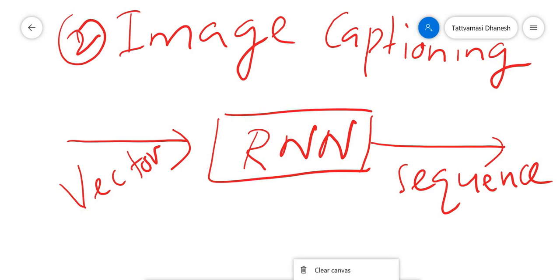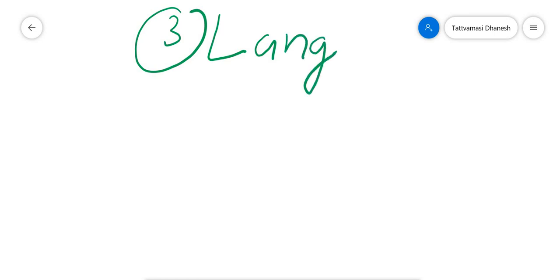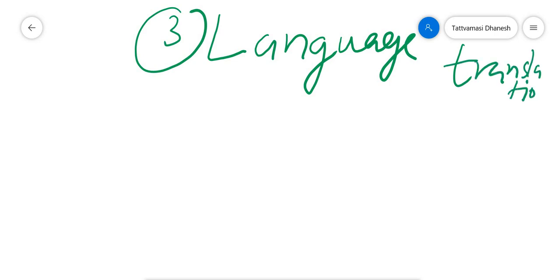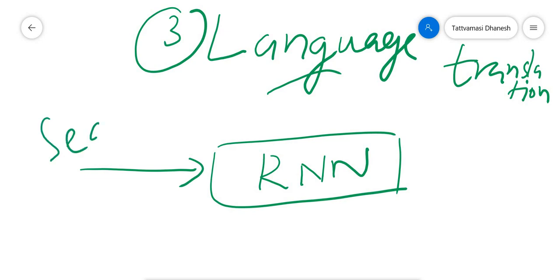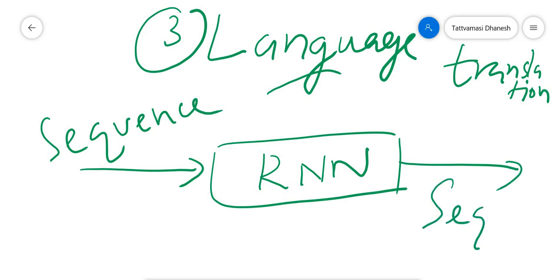The third use case for RNN is language translation. Here you have the differentiable function RNN, which converts a sequence of data into another sequence of data.